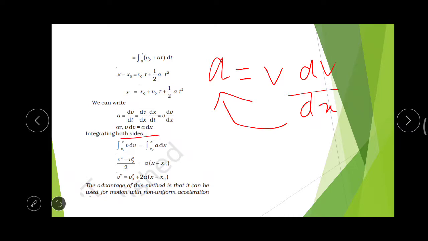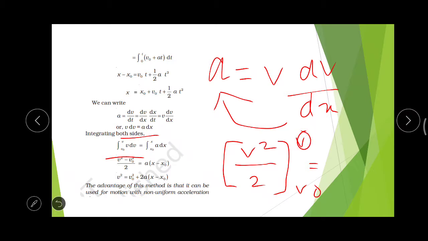Integrating both sides with the limits v0 to v, and x0 to x. Now listen, here is an important point: the integration of v dv will become v square divided by 2. Applying the limit v0 to v, first of all you have to apply the value v over here, so that becomes v square divided by 2.